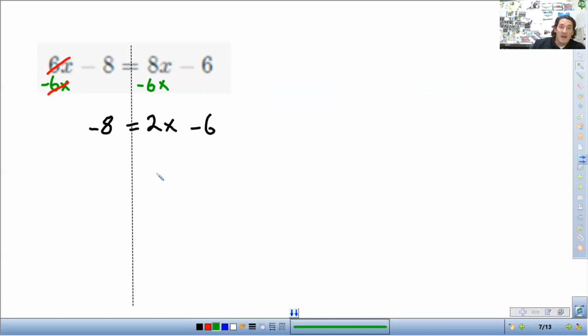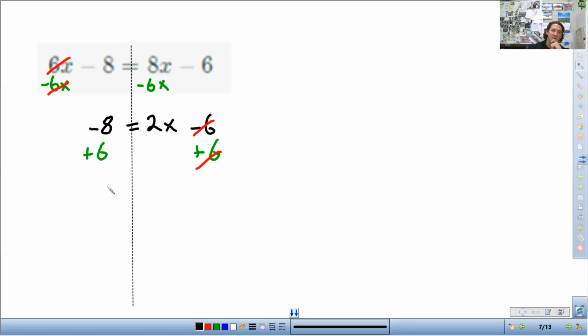Now I can start eliminating things on the same side as the x, so I have to eliminate the 2 and the minus 6. To eliminate the minus 6, I'm going to add 6 to both sides. So minus 6 plus 6 eliminates. Negative 8 plus 6, think about this on a number line. Negative 8 is to the left of 0. And then you add 6, you count to the right.